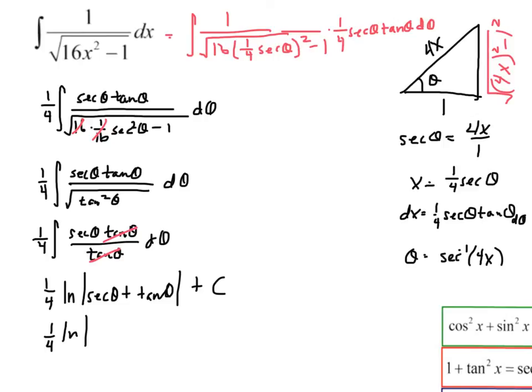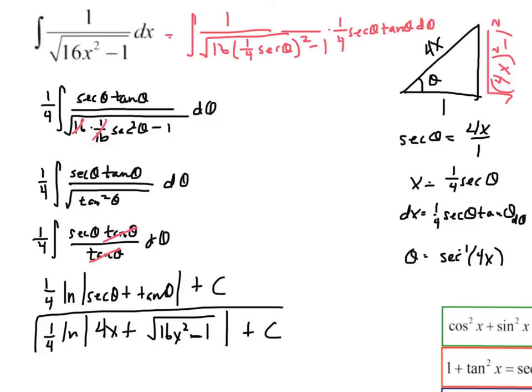So I'm going to replace secant theta with 4x plus, now the tangent I don't have listed in my things, but remember tangent is opposite over adjacent. So I can do that, the square root of 4x squared minus 1 squared, over adjacent, which is 1, plus c, and this is our integral.